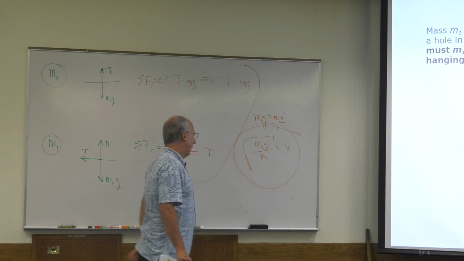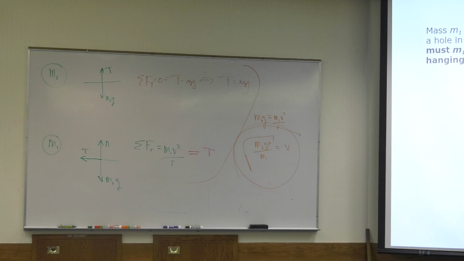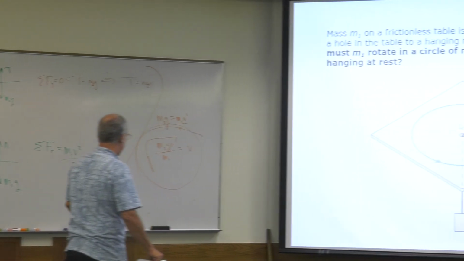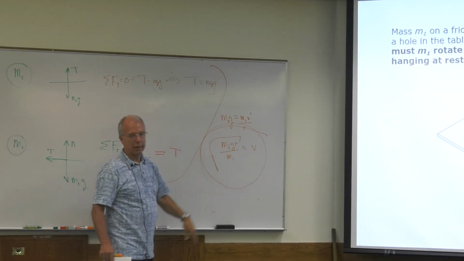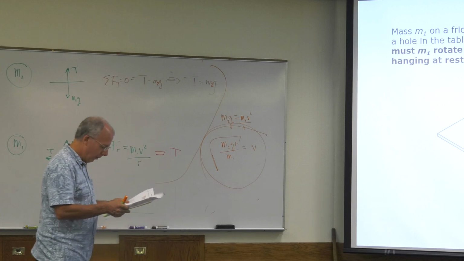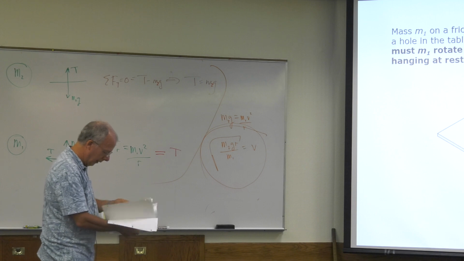And if M1 is really, really big, that's going to cause the velocity to be smaller. All I'm saying is that this thing makes sense. Okay, that was that. Let's do number 5.